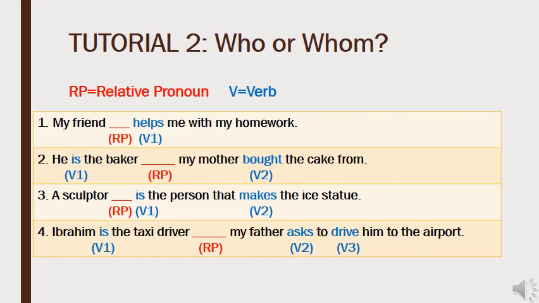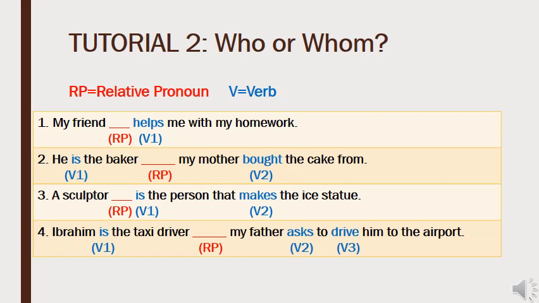So here, the blank is before the verb. So, what is the relative pronoun? Yes, the relative pronoun is who. My friend who helps me with my homework. Remember, who comes before the verb.